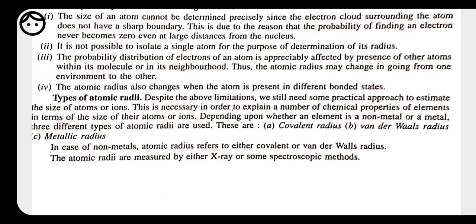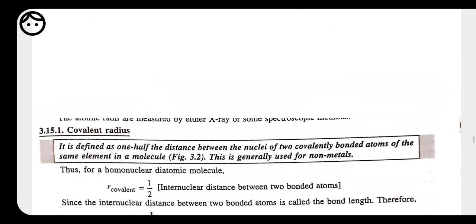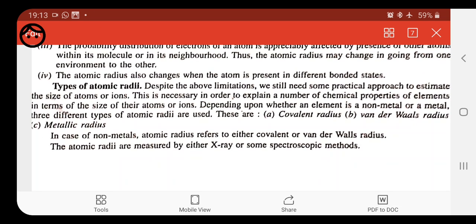Whenever we are talking about the radius of a metal, the atoms are arranged by touching one another. So the radius can be calculated by taking the distance from one nucleus to another nucleus and taking half of it, then we will get the radius of the metal.